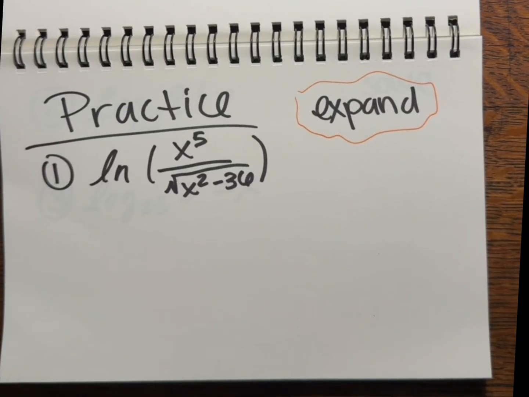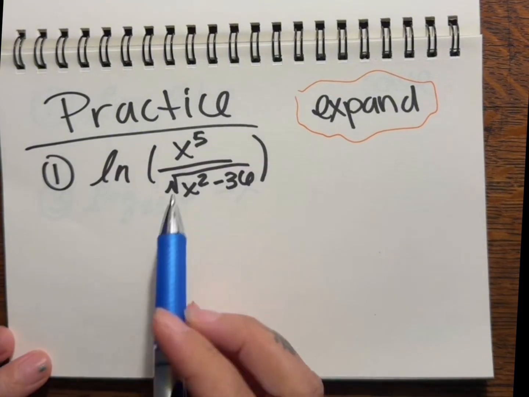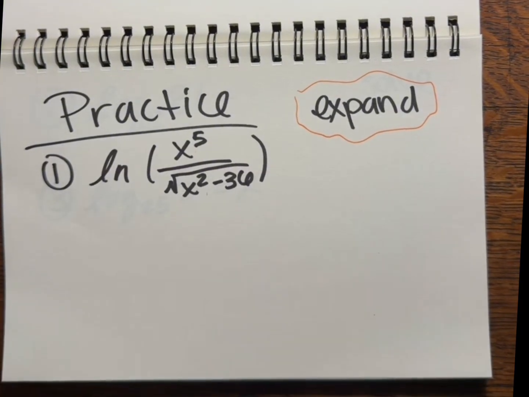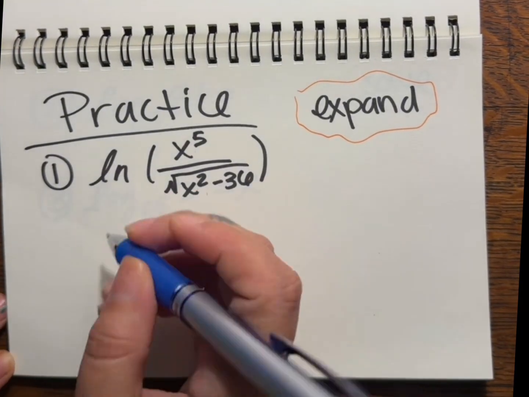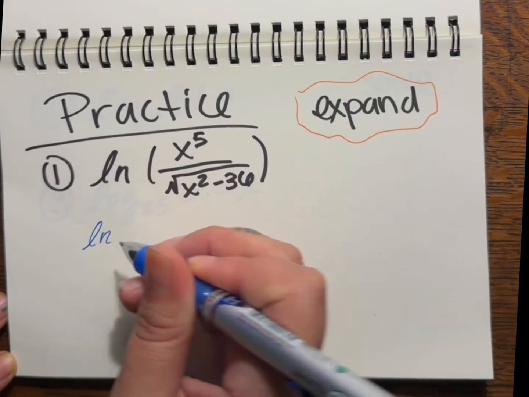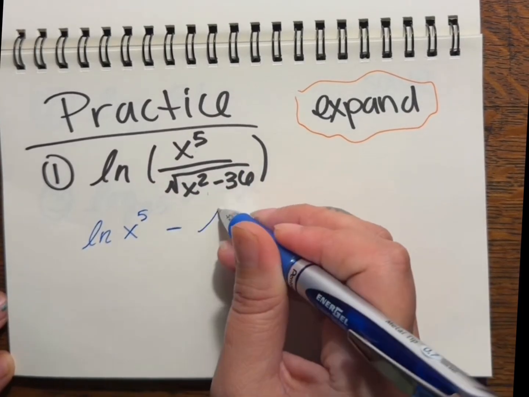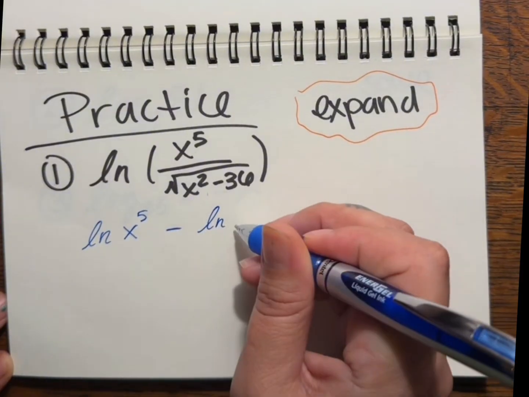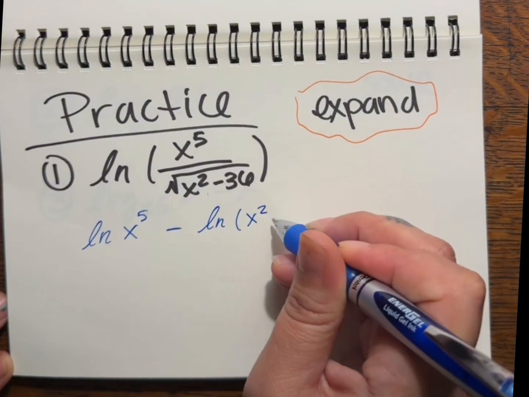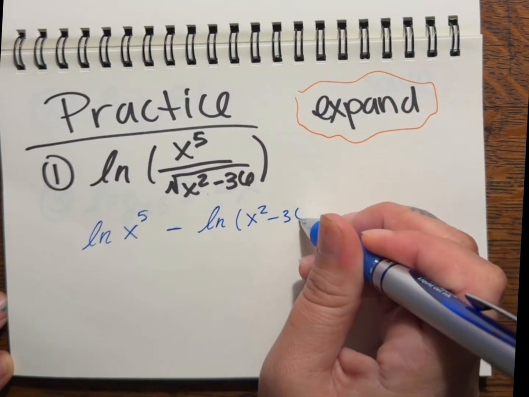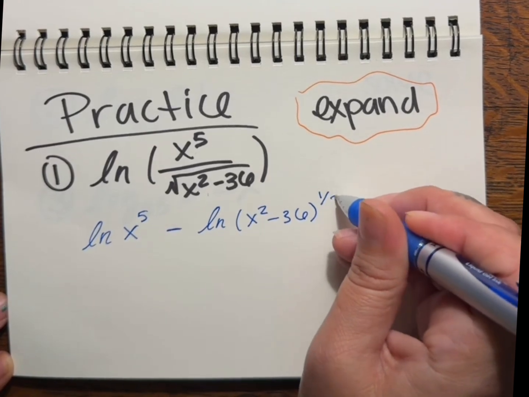So using the properties of logarithms, we know that when we're dividing two values, we could subtract. So this is going to look like ln x to the 5 minus ln of x squared minus 36, to the power of 1/2.